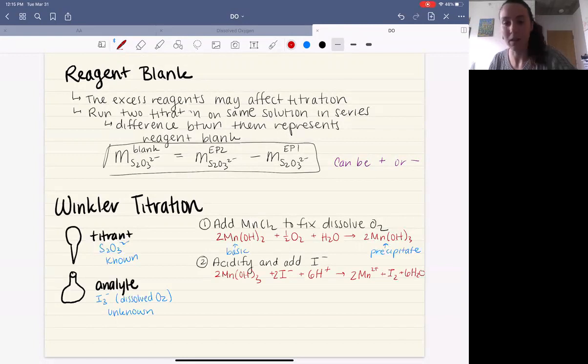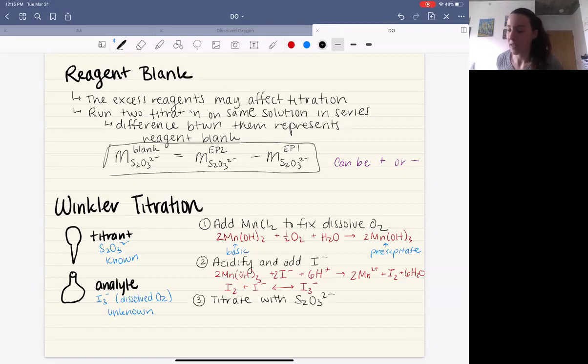That's going to form the I2 iodine, which, just like last time, can react with more of that excess iodide to form triiodide, our analyte. Okay, and lastly, we'll just titrate again with S2O3 2 minus, and that reaction is exactly the same as before.